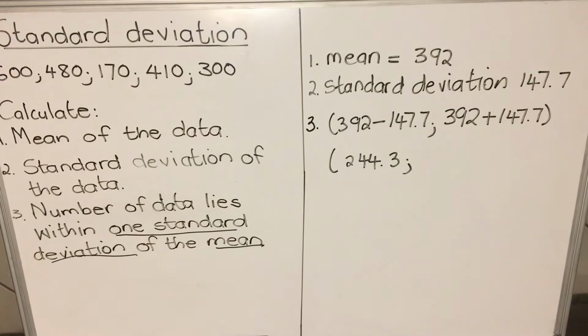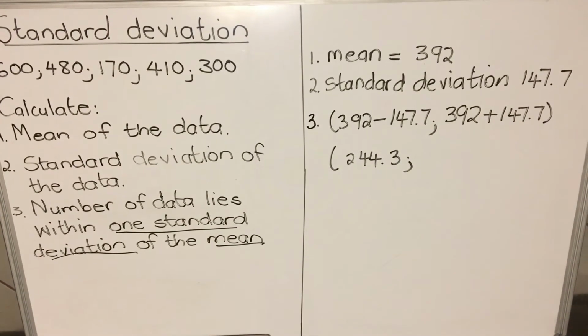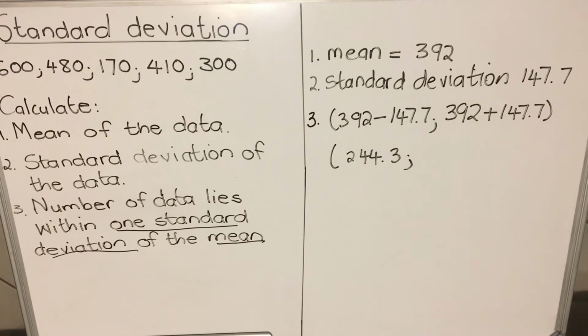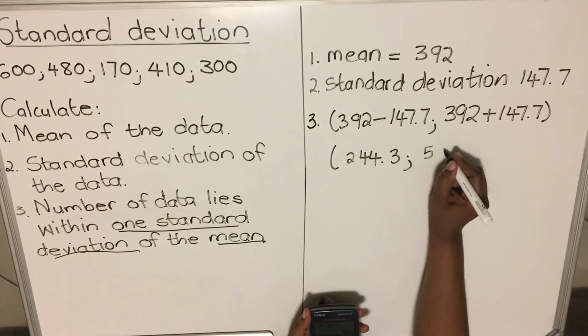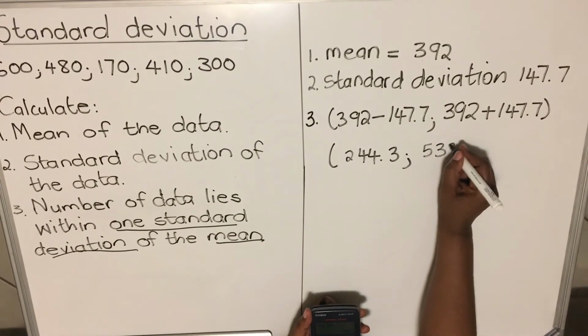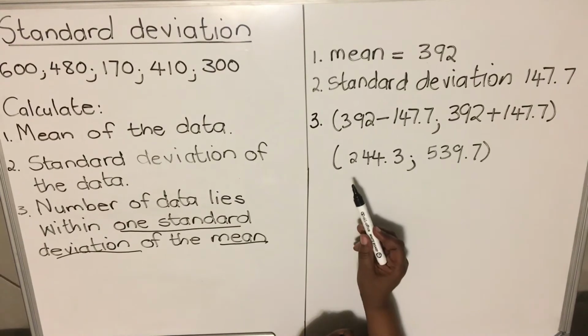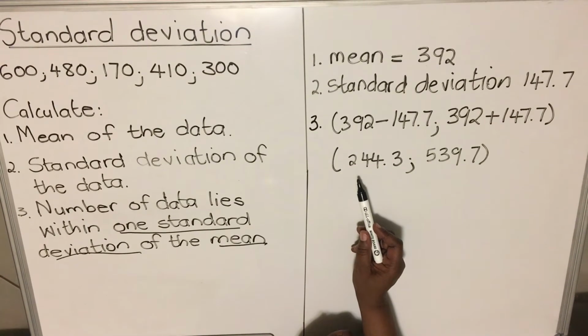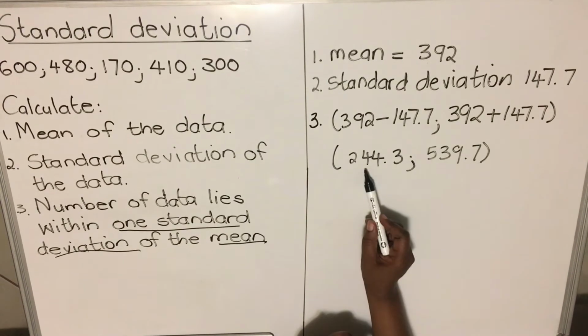Then the other one, 392 plus 147.7, it's 539.7.